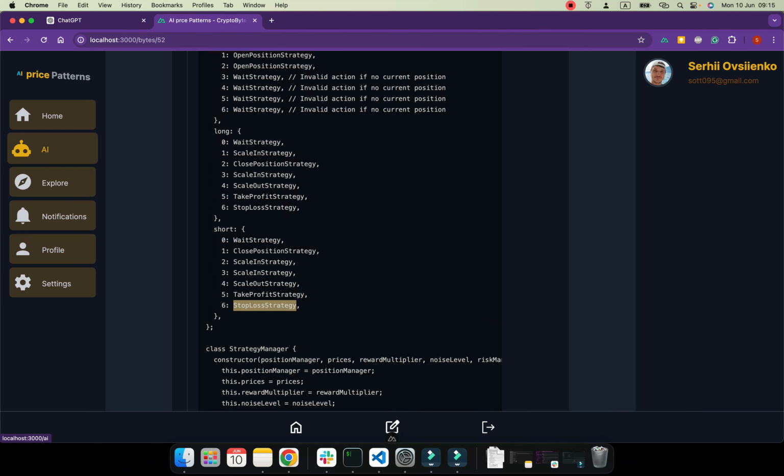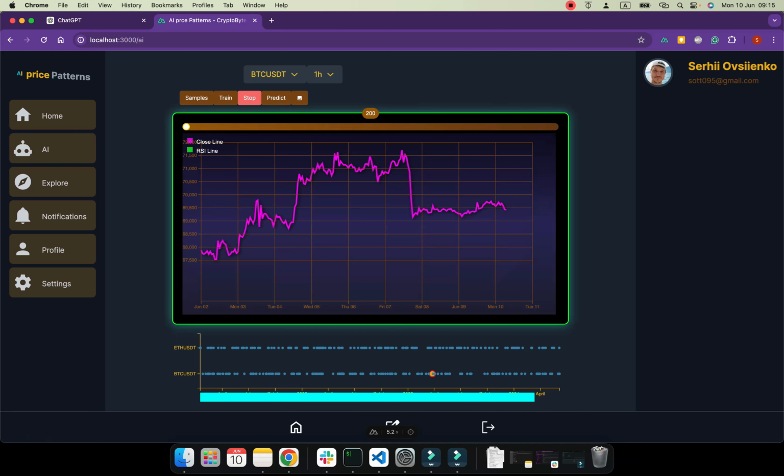And let's look at what happens if we run it. Yeah, why I like this approach is because I can run it and debug using this platform here and try to understand what happens.